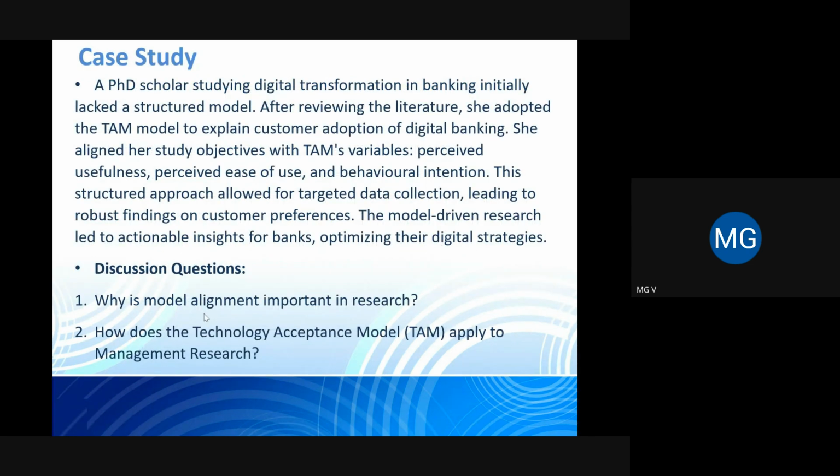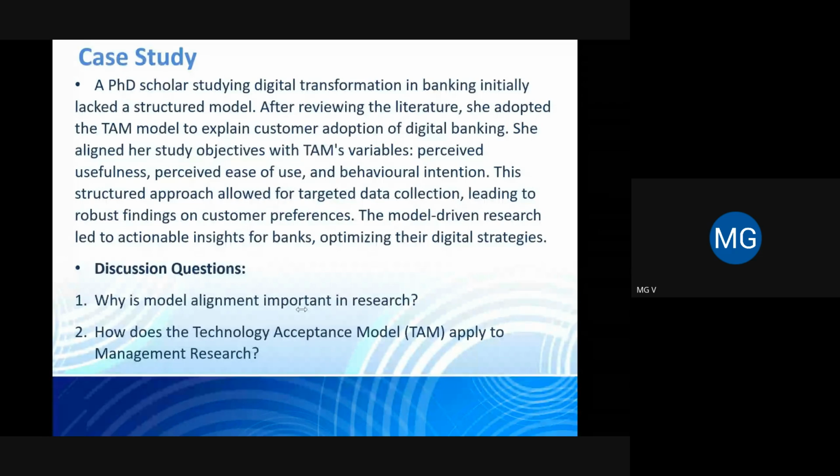Now, let us see the caselet to understand it further. A PhD scholar studying digital transformation in banking initially lacked a structured model. After reviewing the literature, he adopted the TAM model to explain customer adoption of digital banking. She aligned her study objectives with the TAM's variables. What are these? Perceived usefulness, perceived ease of use, and behavioral intention.